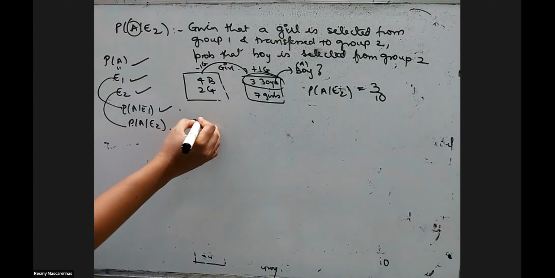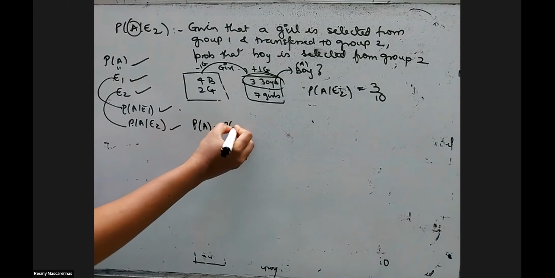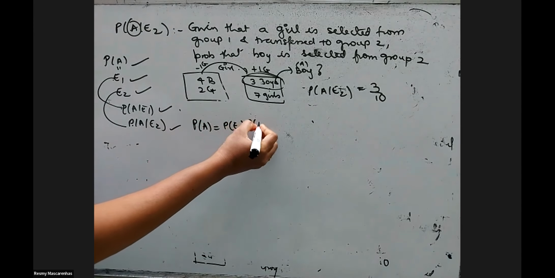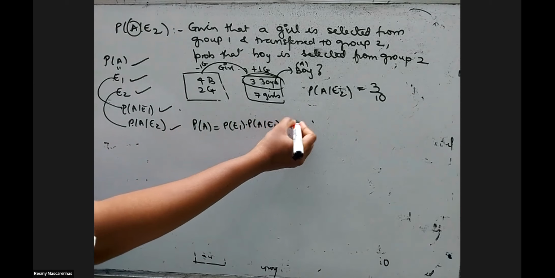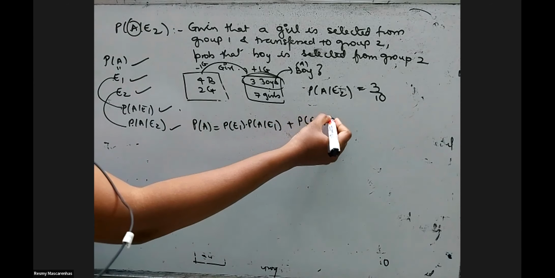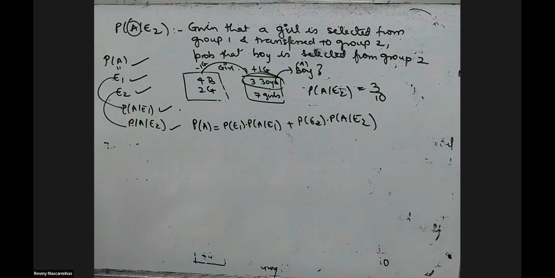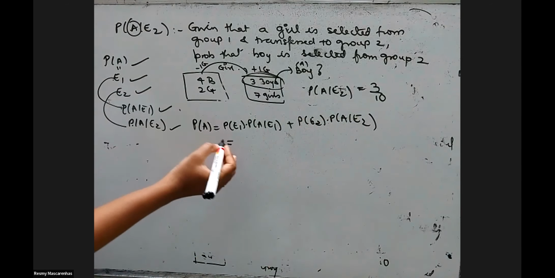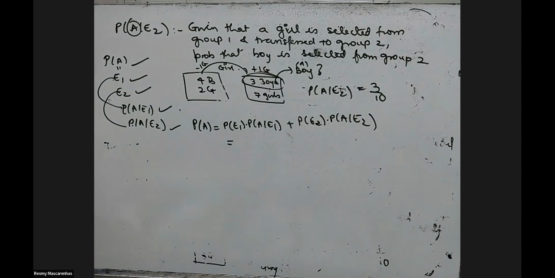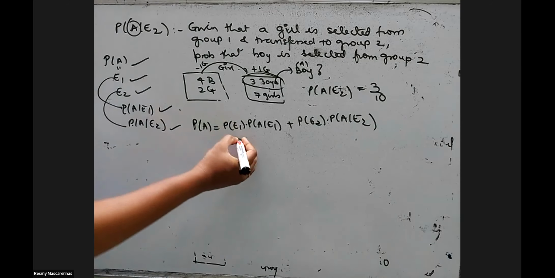So P of A will be P of E1 into P of A upon E1 plus P of E2 into P of A upon E2. Just multiply the answers. E1 was how much? 4 out of 7.